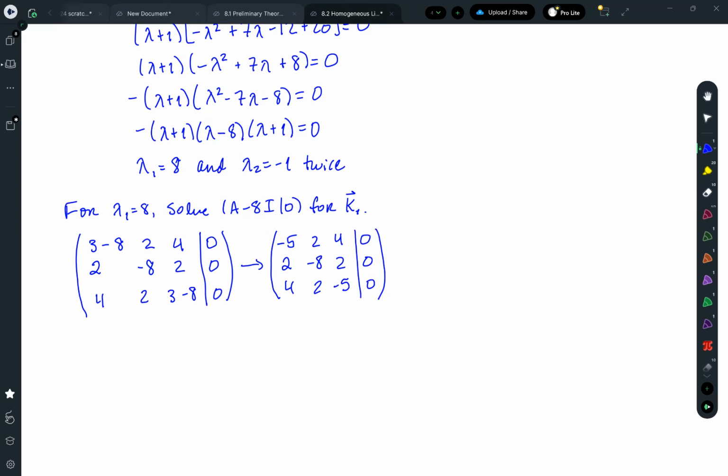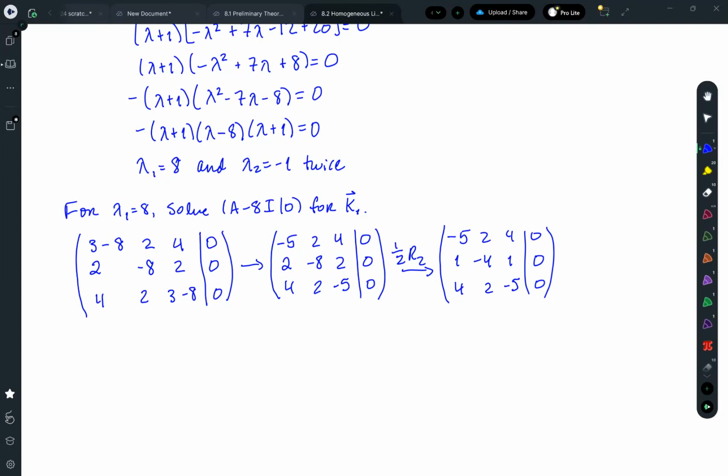The first thing I'm going to do is take row 2 and divide it by 2, or in other words, multiply it by 1/2. Row 1 is still negative 5, 2, 4, 0. Row 2 is now 1, negative 4, 1, 0. And then we have 4, 2, negative 5, 0.